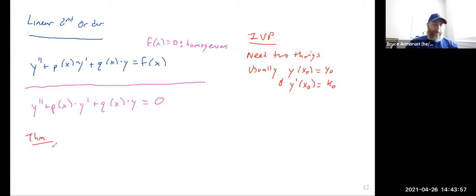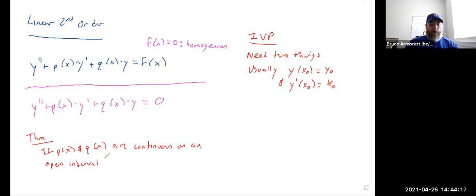But if P of x and Q of x are continuous on an open interval that contains your initial value point, then the initial value problem has a unique solution.